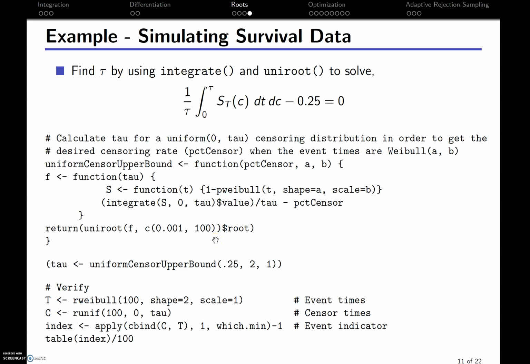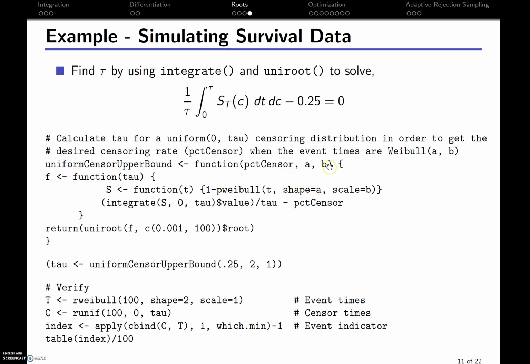Okay, so that is going to give us our uniform censor upper bound. If we were to run this function, uniform censor upper bound, notice, by the way, the function f gets defined inside that other function, and then the root of our function f is returned as the value of our uniform censor upper bound here.